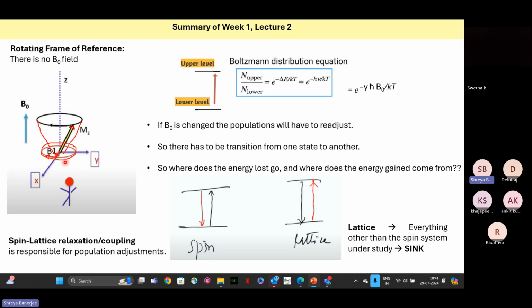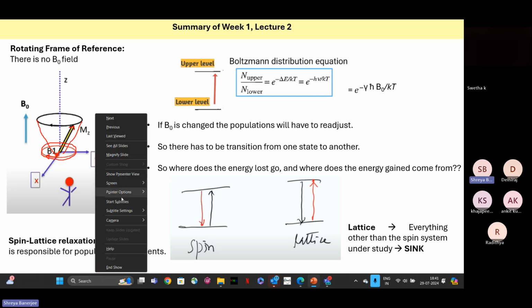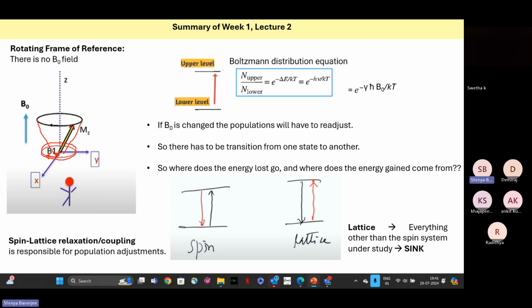But if the observer is also rotating at the same frequency, suppose the frequency of the observer is omega obs, and this is the same as the Larmor frequency, which is the frequency at which the angular momentum vector is moving.